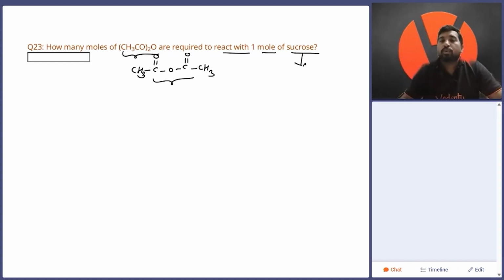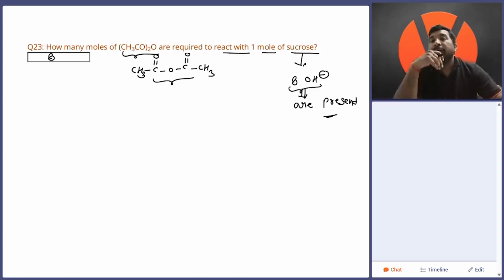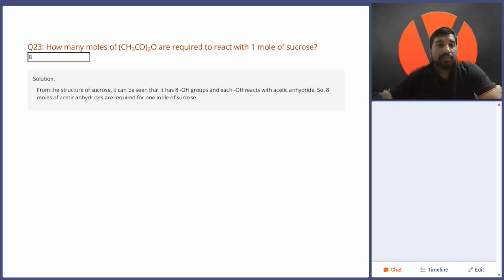In the structure of sucrose, 8 OH groups are present. So the answer should be 8. The 8 OH groups will react with acetic anhydride, 1 for each OH group. Now we will cross check the answer. Yes, definitely 8 is the right answer.